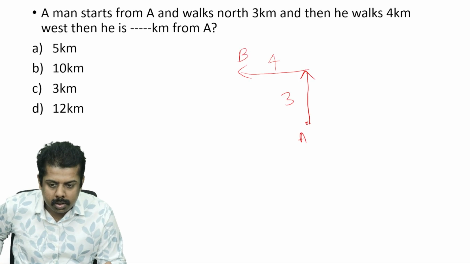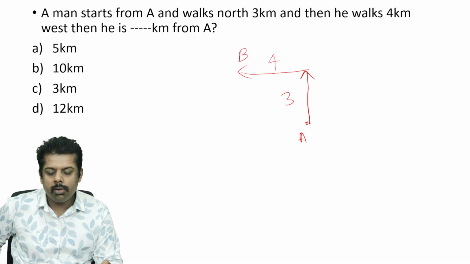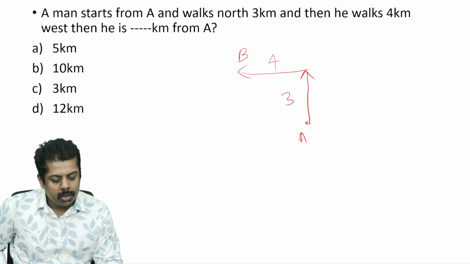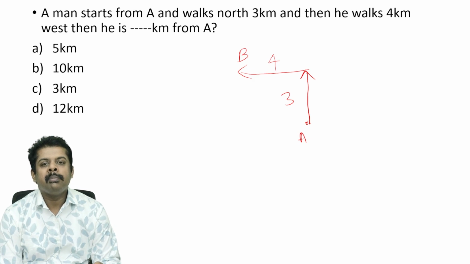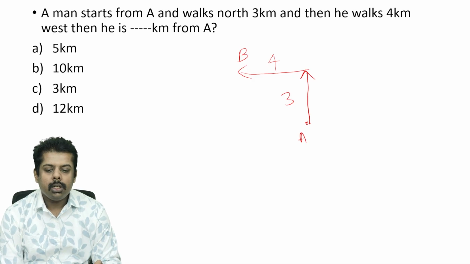In this question, as we just discussed, we started from a point A. We moved 3 kilometers north, and from there we took 4 kilometers west. Now they have asked at what distance the ending point is from the starting point. The thing you have to remember is that in these scenarios, we always have to find the shortest distance.